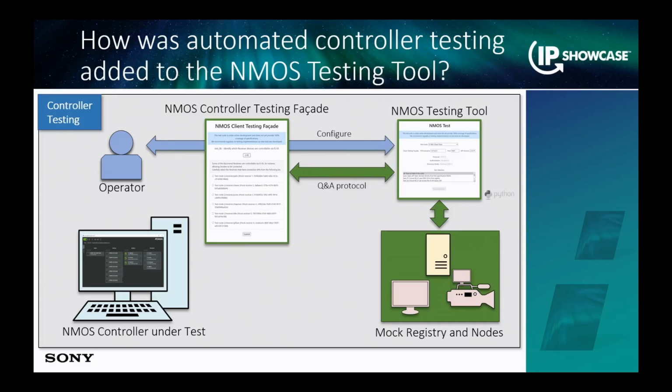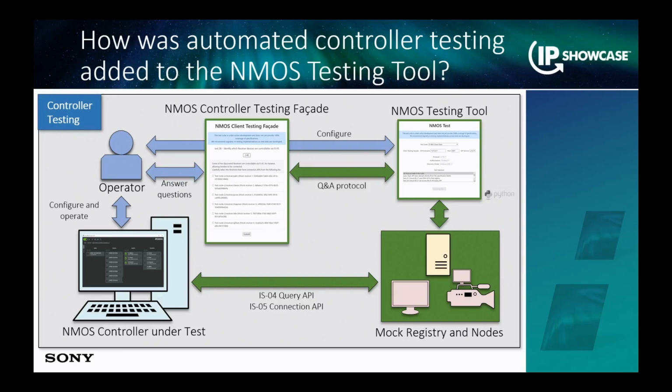I'll give you a little demo of that in a moment. So the operator will configure and operate their NMOS controller under test via its user interface. The controller will do some of those operations I showed you in the diagrams earlier on, like query the registry for all the nodes that are on the network, make connections between nodes on the network, and the testing tool is able to make sure that those commands are all correct and validate those.